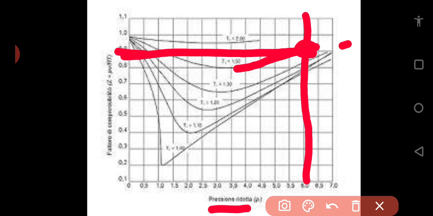So what I have done: first, number 1, PR, reduced pressure. Then, number 2, I found TR. The TR lines are given like this, so this was the TR line.